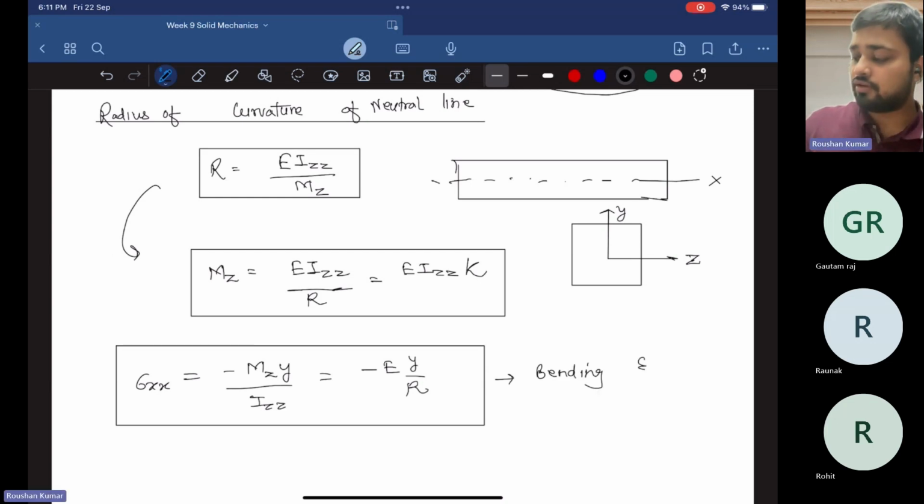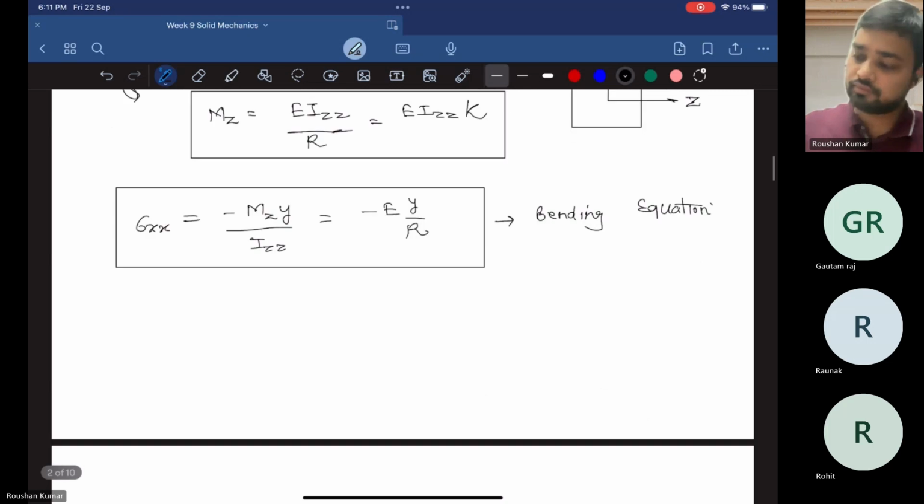This equation is also called the bending equation. I hope you will be understanding these concepts.